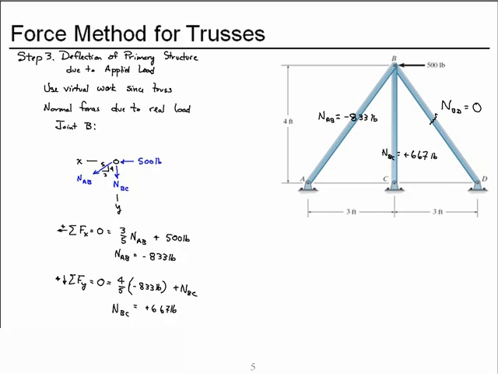Since we're dealing with deflections of a truss, we needed to use virtual work.